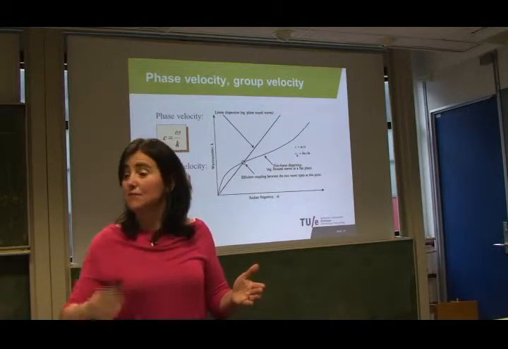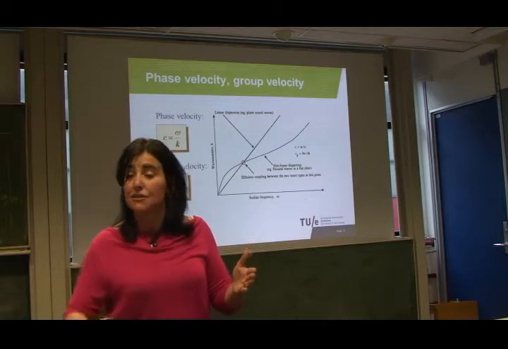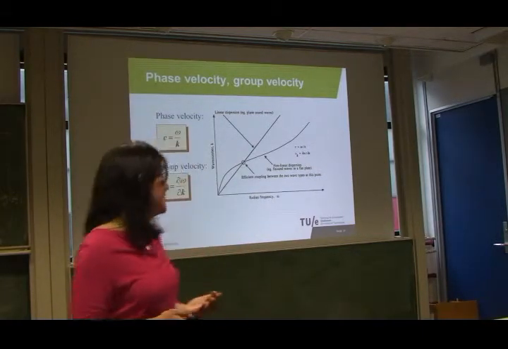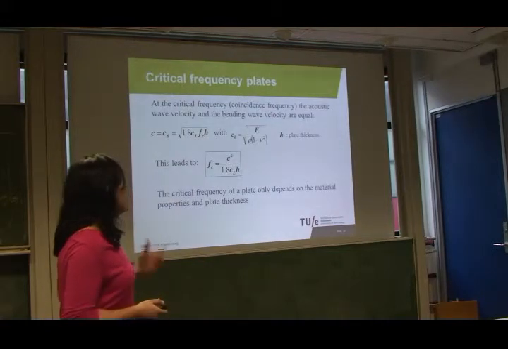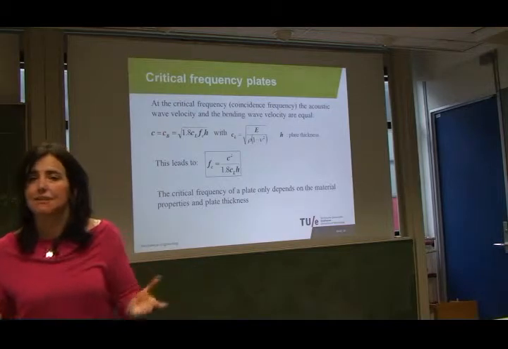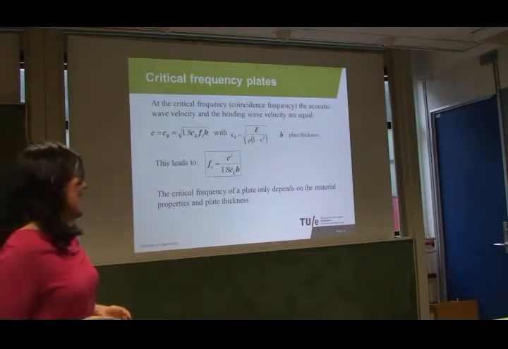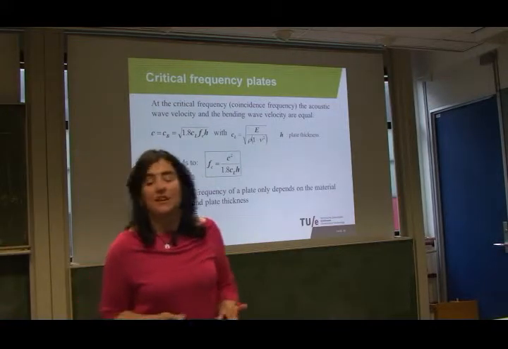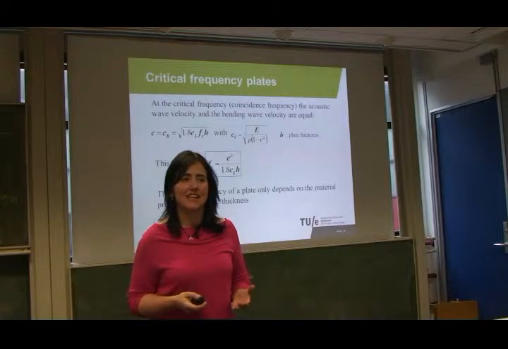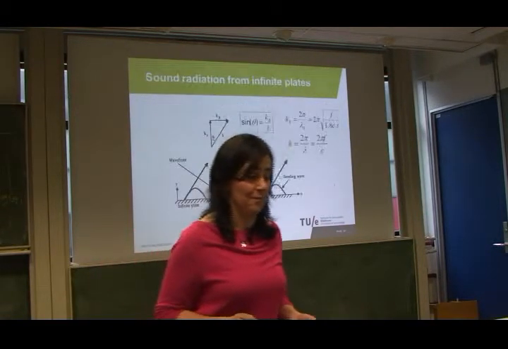So the wavelength of the bending wave in the structure is equal to the wavelength of the acoustic wave in air. And this frequency is the coincidence frequency. One can, as you see here, calculate it simply by saying that the two wave speeds have to be the same. And it is important for radiation because strange things happen when one gets to this coincidence frequency. And we are going to look into that now.